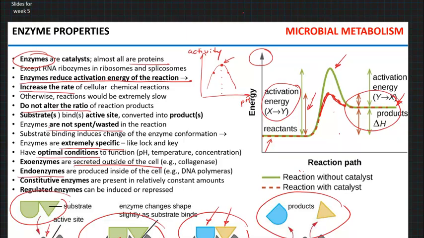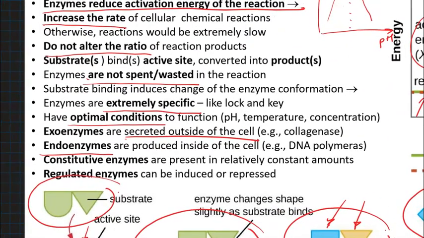Endoenzymes, to the contrary, stay within the cell. A good example would be something like RNA polymerase or enzymes that regulate protein synthesis, for instance. Enzymes also can be categorized as constitutive or regulated.